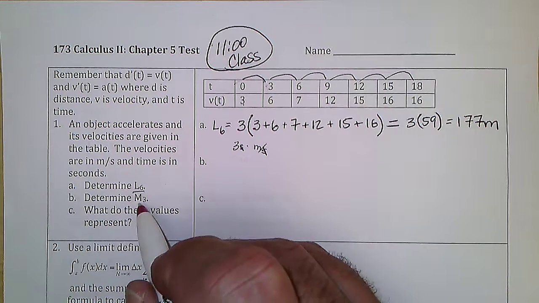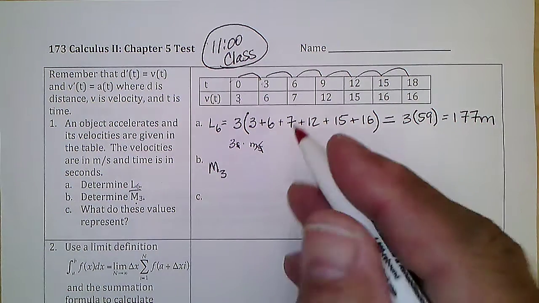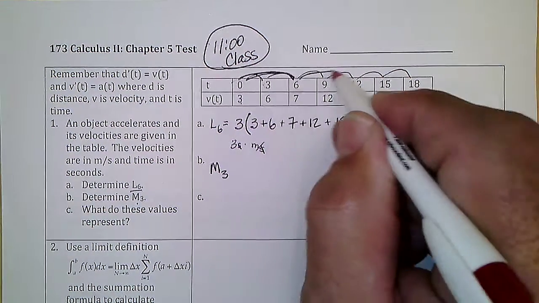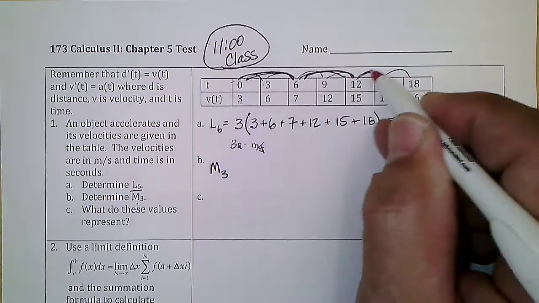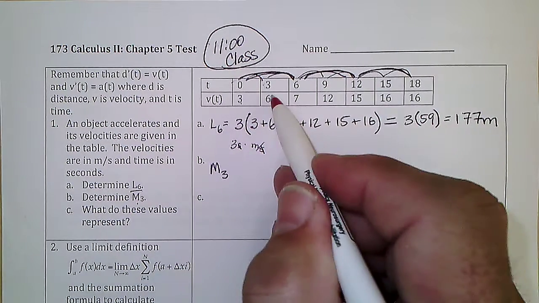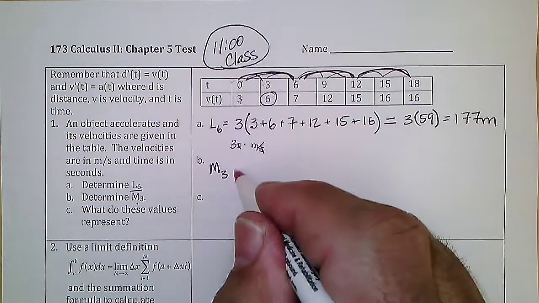Now for the next one, we're supposed to do M3, the midpoint on 3 intervals. So now I have to split this into 3 intervals. So there's 1, 2, 3, and the height in the middle of this is 6. The width of the interval is 6.